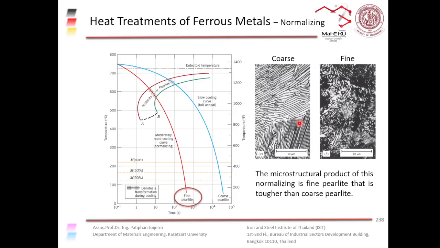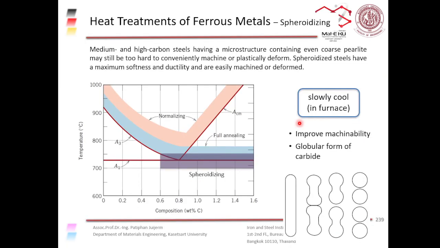And also you might have pro-eutectoid or primary cementite as well. And that makes your microstructure really, really hard, and that makes it really, really difficult for the machining process.